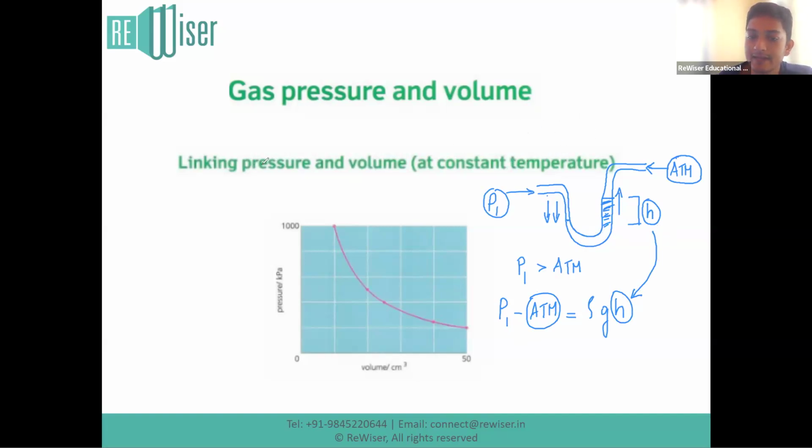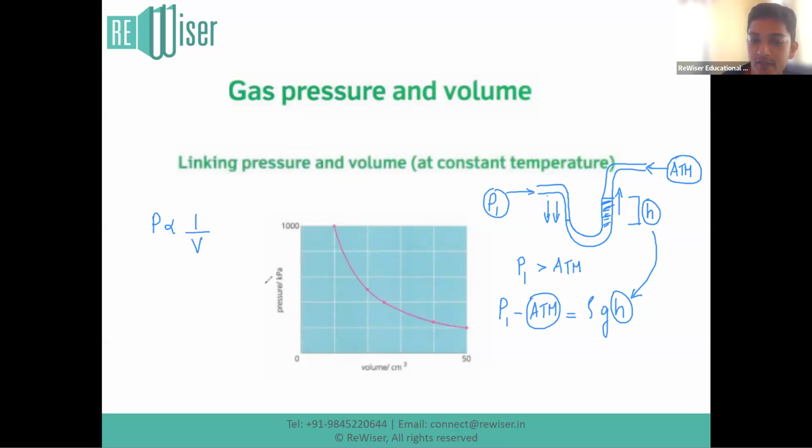Looking at gas laws, let's start with gas laws here. Boyle's law tells us that for a gas, pressure and volume have an inverse relationship, which means pressure is inversely proportional to volume.